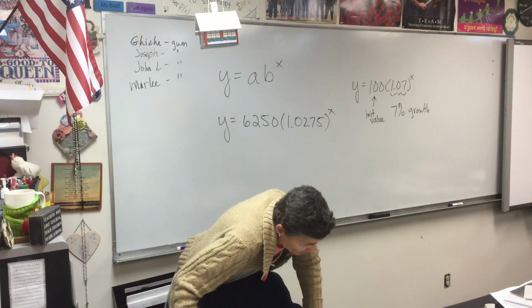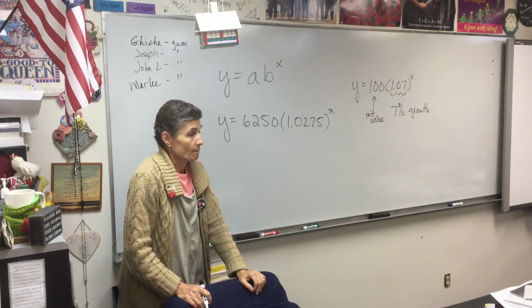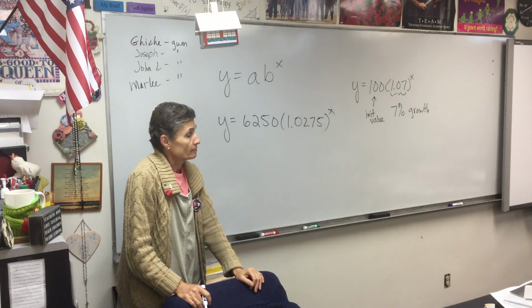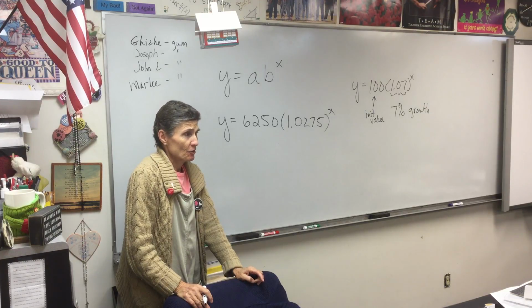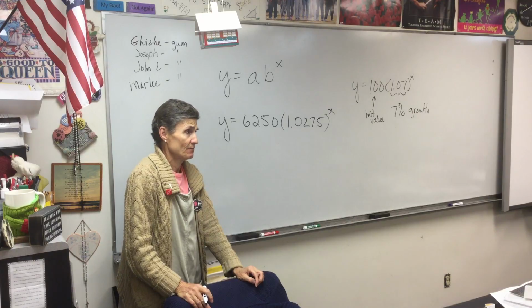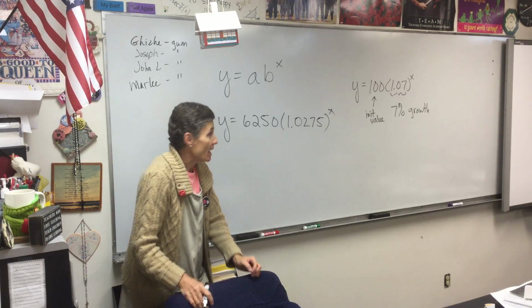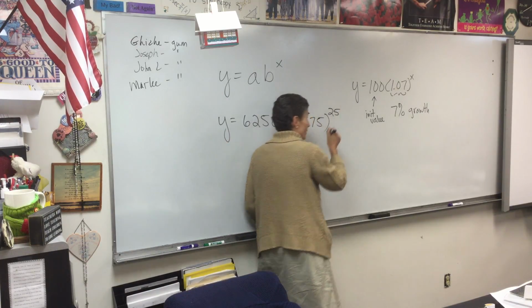The first question is, estimate the population in 1915. Okay, so what are you going to do? Plug in 1915? Subtract the year and plug in 25. And why would I plug in 25 right here?